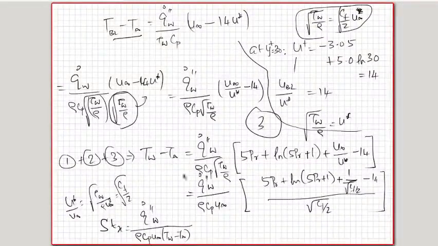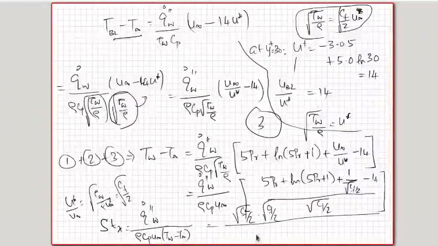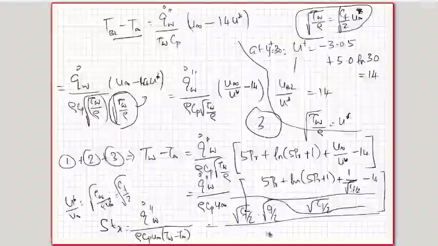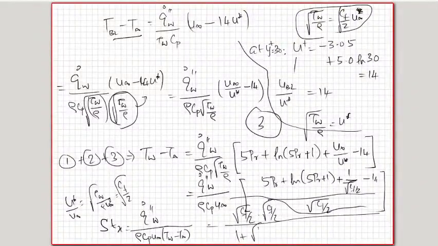Okay, so this Twall minus T infinity coming down here and this going to the other side will become square root of Cf by 2, and if I take a common denominator here, into square root of Cf by 2 will come again, this whole thing divided by, okay, what will happen, this will be 1 plus square root of Cf by 2 multiplied by 5 PR plus log of 5 PR plus 1 minus 14.